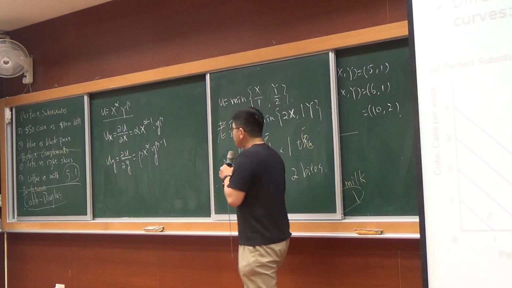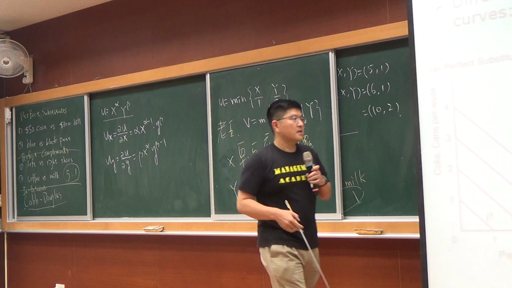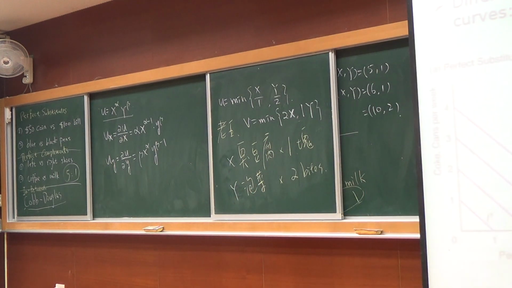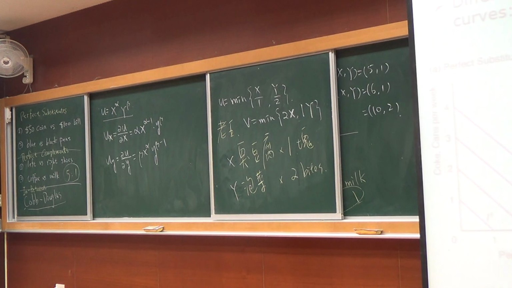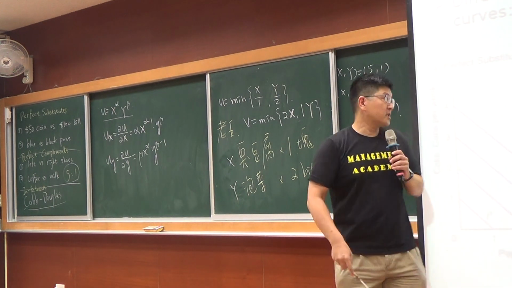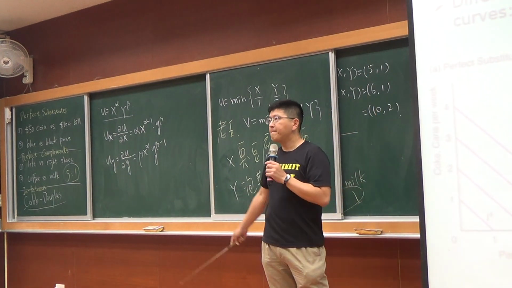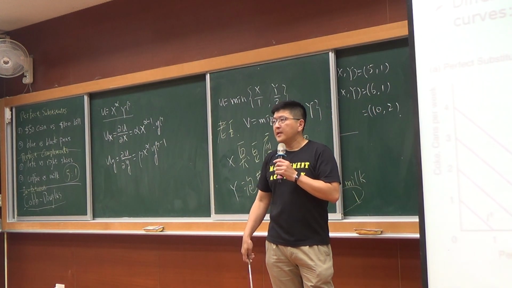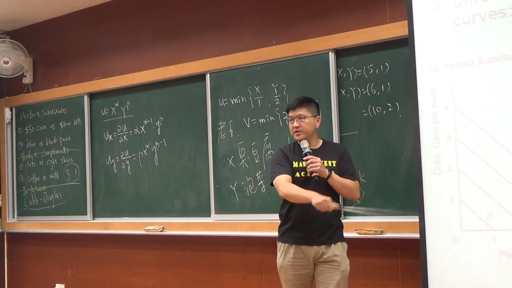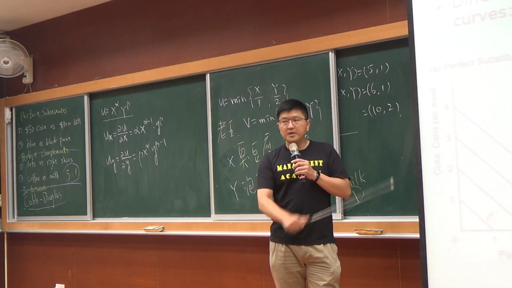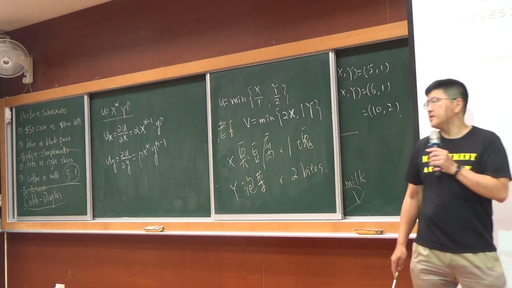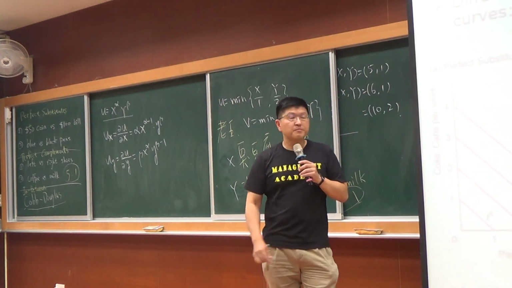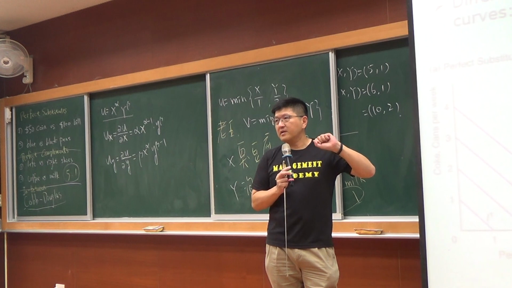Okay? So the shape of the indifference curve of the Cobb-Douglas utility function would look like this, just in between these two cases. The straight indifference curve would be perfect substitutes, and the L-shaped indifference curve would be perfect complements.